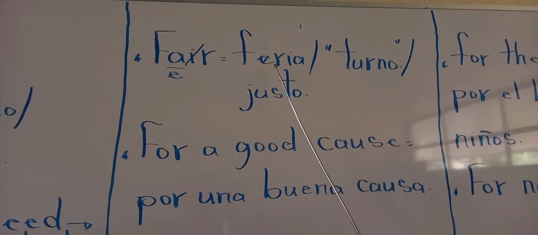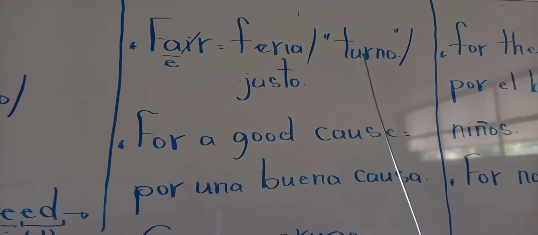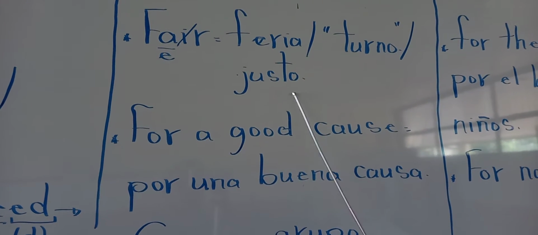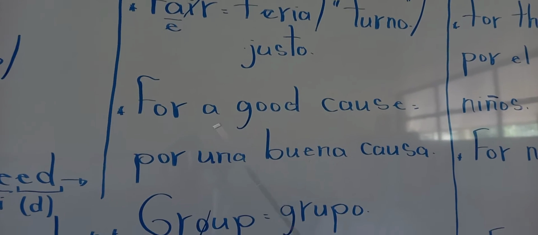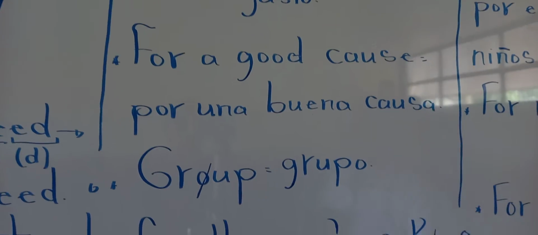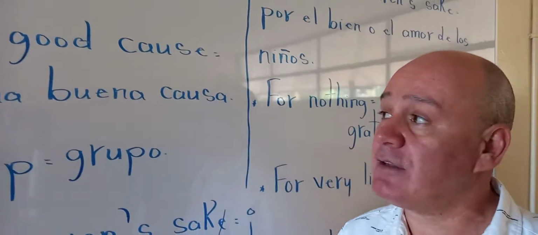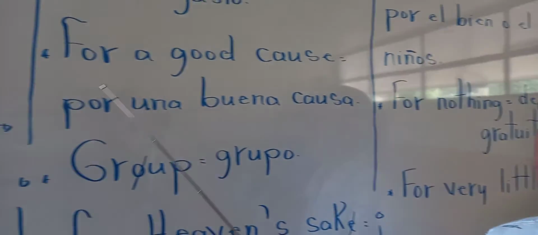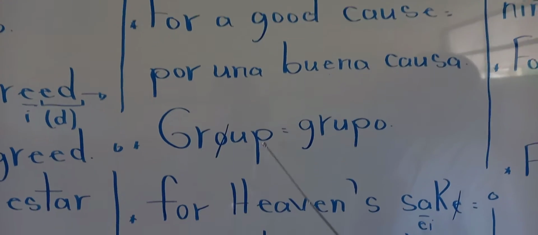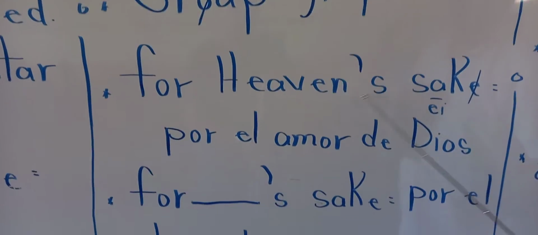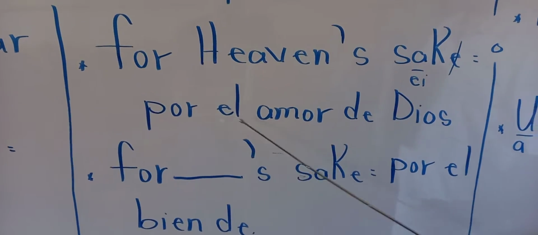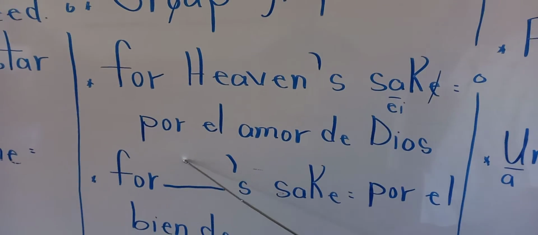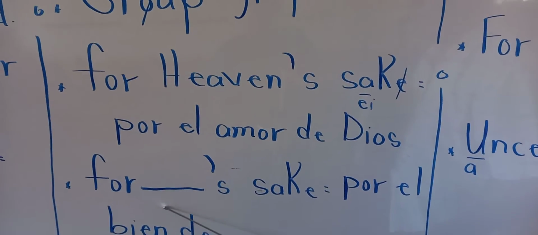Fair. In this lesson, meaning this one, but also remember this meaning. For a good cause. This is what Teletón does. They raise money for a good cause. For heaven's sake is an expression. But here we can use any number, any name.